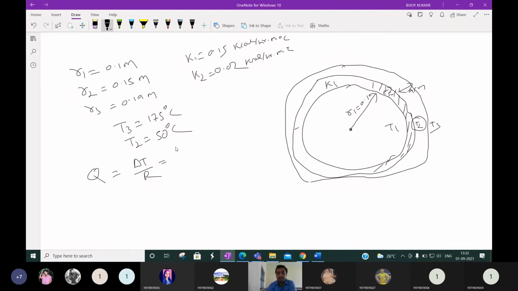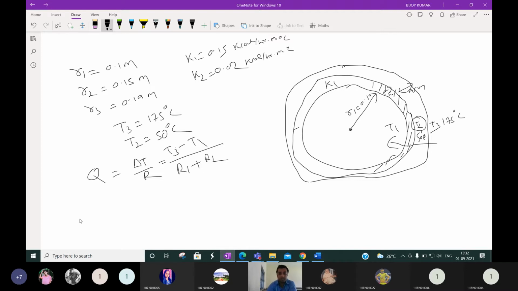So delta T will be the surface temperatures, T1 and T3. As T3 is 175 degrees centigrade and T2 is 50 degrees centigrade, the heat will flow from the outer side to the inside. So we will have T3 minus T1 by R, and here two layers are connected in series, so we can put R1 plus R2.